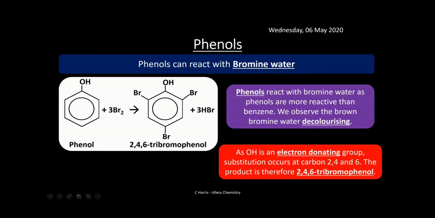So the reactions are more likely to happen at 2, 4, and 6. So we end up with a compound which is 2,4,6-tribromophenol, which we can see here. And obviously, we also produce 3 HBr as well. But we've decolorized it because we've gone from a brown bromine to a decolorized tri-substituted phenol.